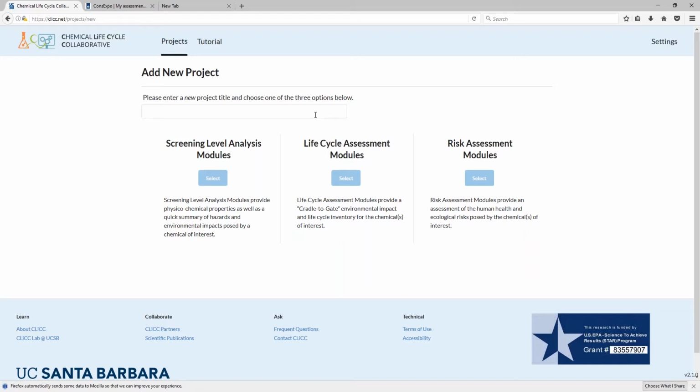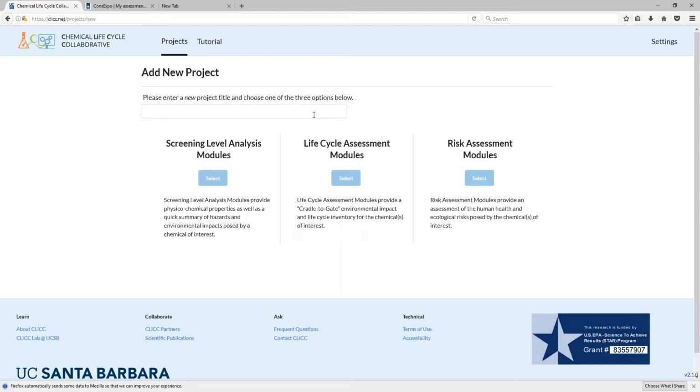Once you've logged in, you have three different sets of modules. One of them gives you a screening level analysis, provides a lot of the properties, some of the hazards, and environmental impacts. So it gives you a dashboard or a score sheet to get an idea of the major issues with a particular chemical.